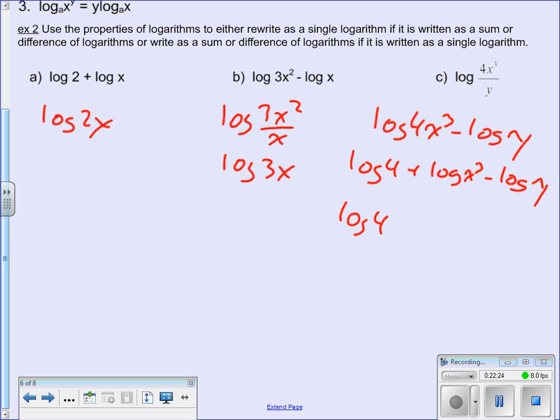The log of 4 plus 3 log x minus log of y. Not too bad, I hope. But once again, being able to do this is an important skill for later. This chapter is all about the basic skills you need to make your life easier later on. Okay. Questions?